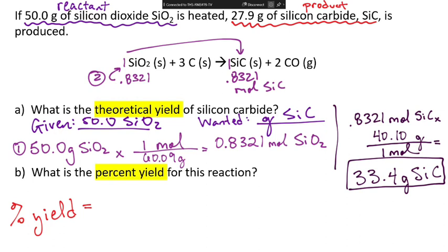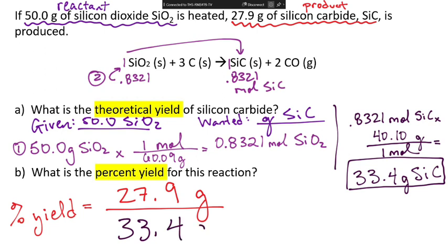It says in the story problem, how much did they actually produce? 27.9 grams. How much were they expecting to get based on the stoichiometry? 33.4 grams. And then you just multiply it times 100 and put a percent sign on it to turn it into a percent yield.